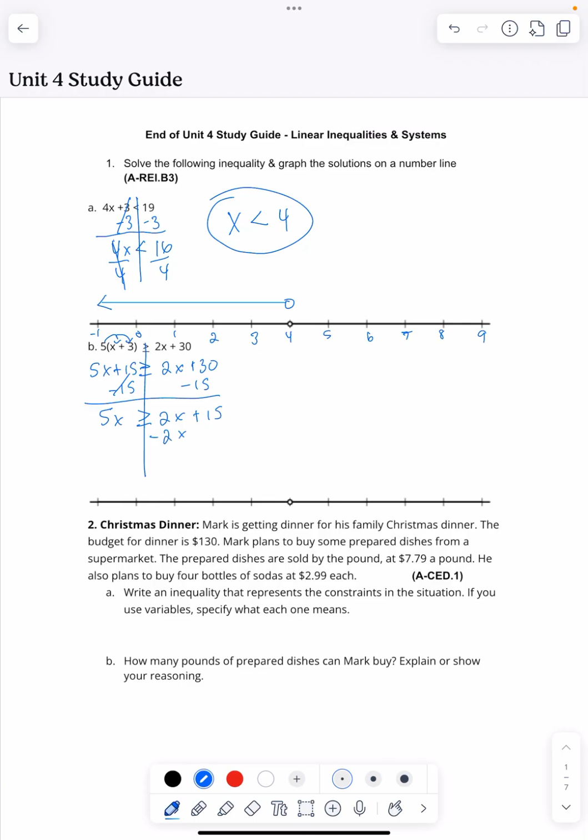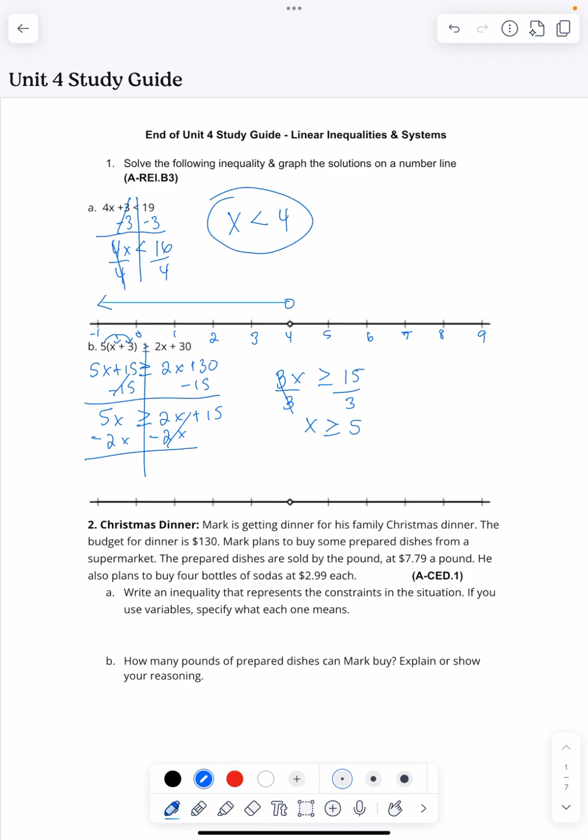Subtract 2x, and we get 3x is greater than or equal to 15. Lastly, divide by 3. Again, this is a positive, so no need to change the sign. So it'll be x is greater than or equal to 5.